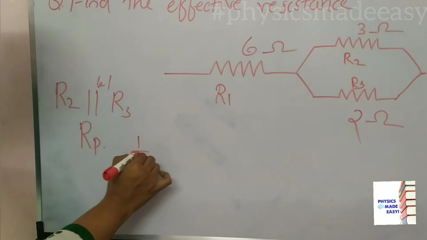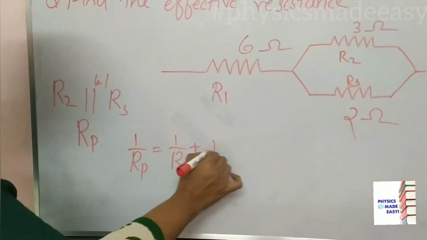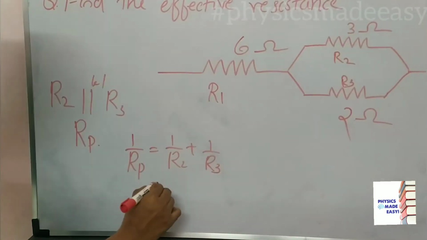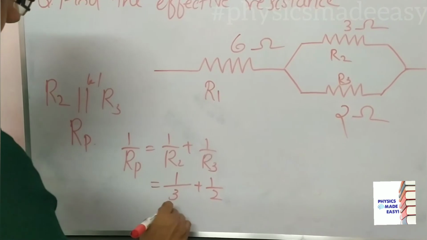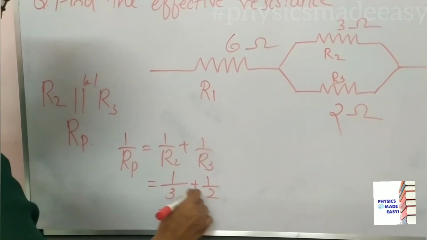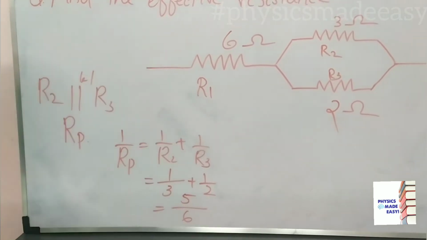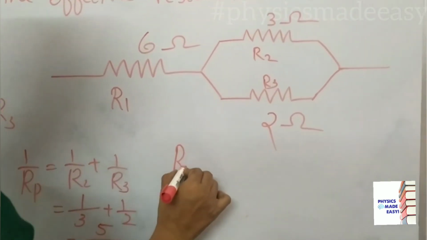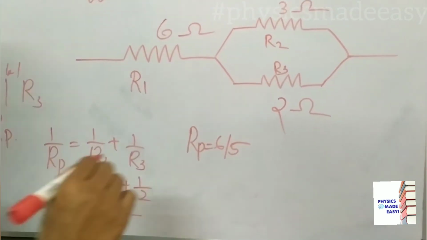How to find this? 1/Rp = 1/R2 + 1/R3, that is equal to 1/3 + 1/2. So here 2 + 3 will be there, 5 divided by 6. So here Rp is equal to 6/5, that is the value.